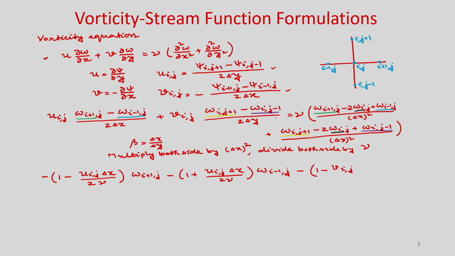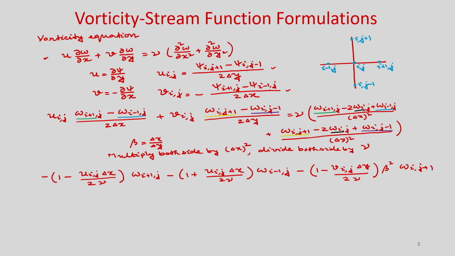We have multiplied with delta x square, and delta x by delta y will be beta, so delta x square gives beta square, and with delta y it will be v i j delta y divided by 2 nu, times beta square omega i j plus 1.